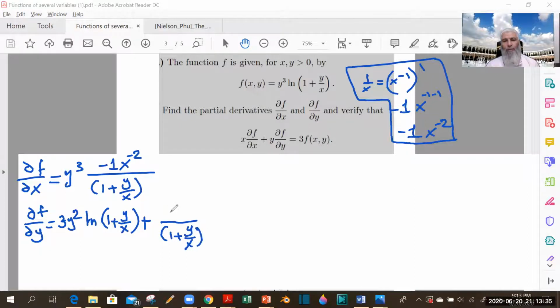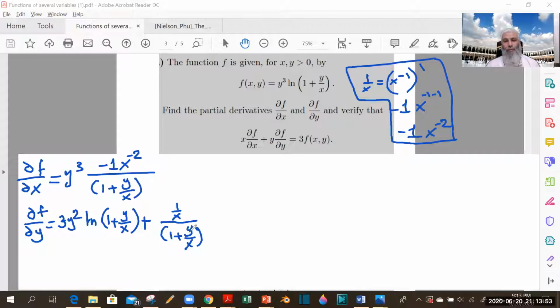Multiply by the derivative of the inner part of the bracket with respect to y. The derivative of 1 is 0, the derivative of y is 1, right? So it remains 1 over x. The derivative of this part is 1 over x.